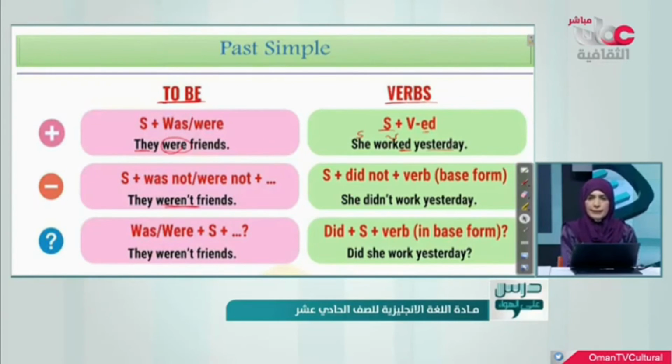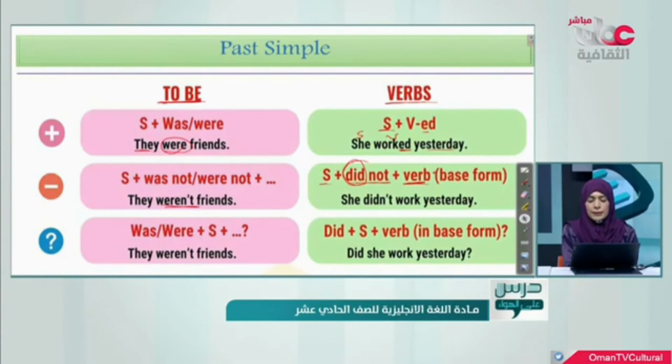Look at the second type of verbs, regular and irregular verbs. The indication here will be changed to not. We will use didn't. Subject plus didn't plus the main verb. Of course, since we have the word did, the main verb will not have ed.